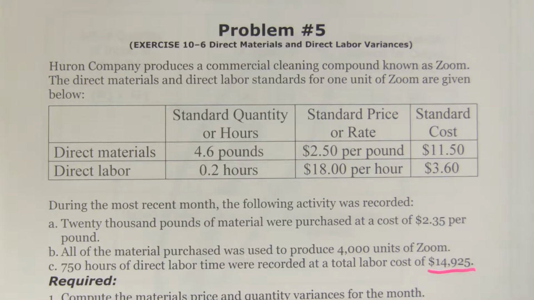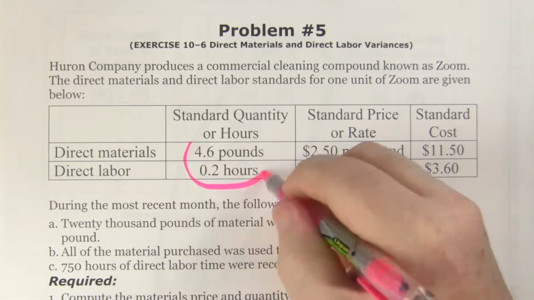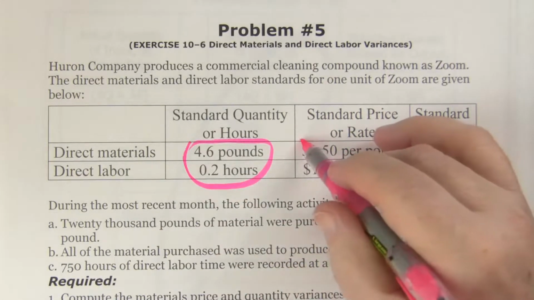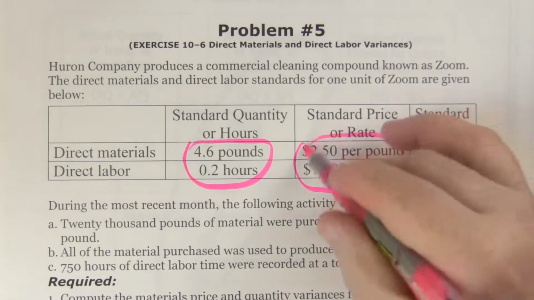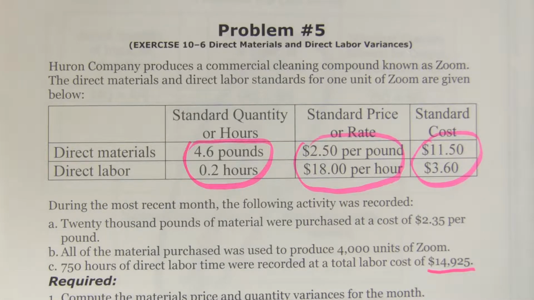Other than that, we're going to have to do some multiplication. Pay particular attention to the standards, because we're going to have to use those to compute our variances. So, taking those numbers, let's get started.